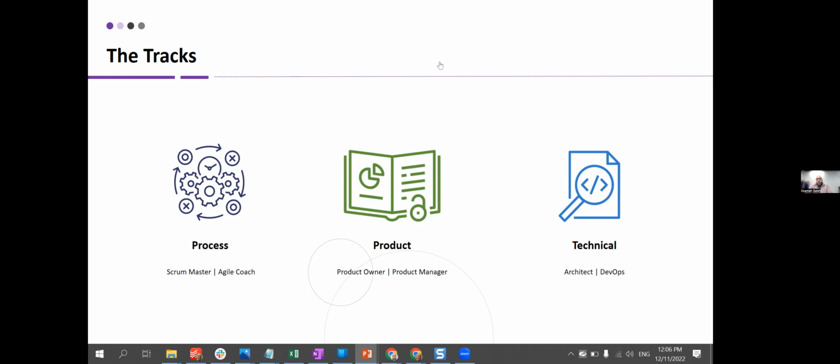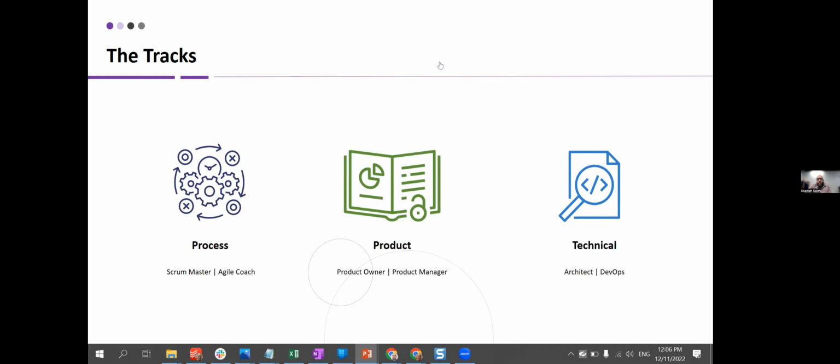Product, those are the folks who focus on making sure that the product has a vision, that we're breaking down the product into user stories, and Khurram already touched on this, breaking things down. There's an art to it, there's a kind of science to it, and this is the work of product owner, product manager.